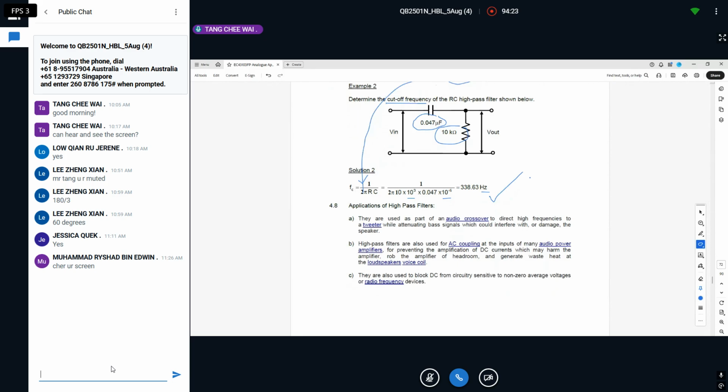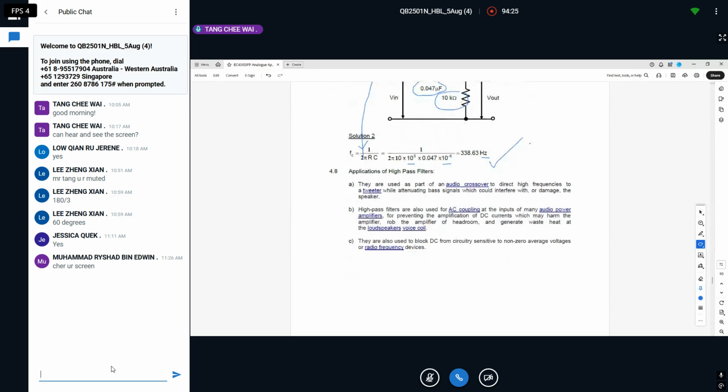Same thing for the high pass filter. Of course, they still use it for audio, but now I want high frequency, those screeching, very high pitched sounds. For example, in the audio world, they call it a tweeter. This will take out all those high frequencies. In music, some instruments have a very low frequency and some have a very high frequency.